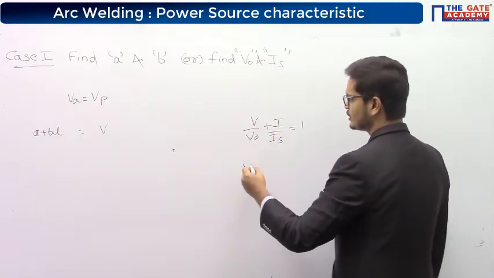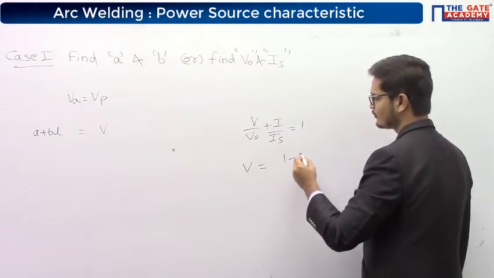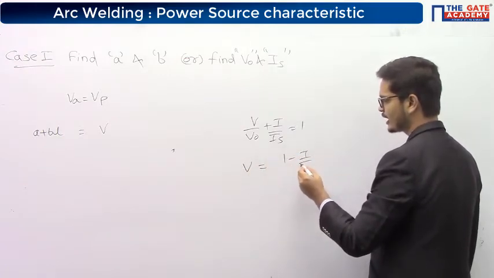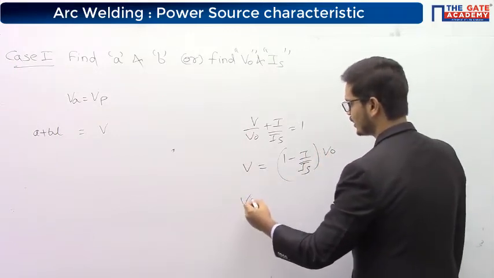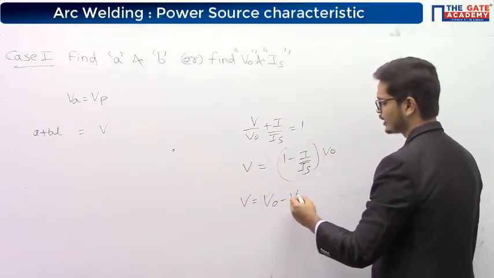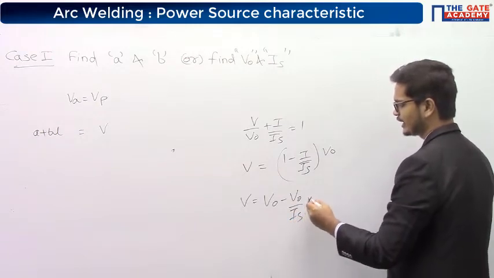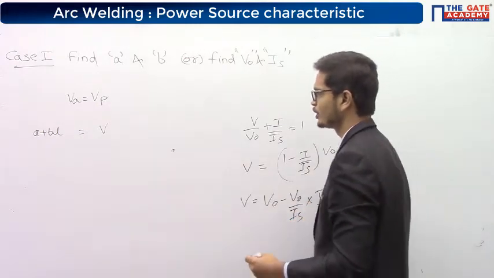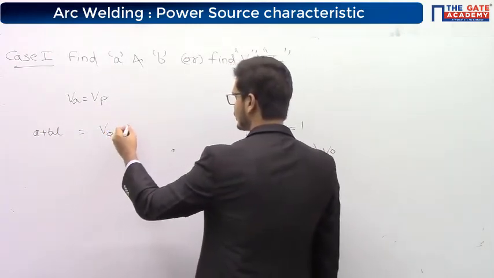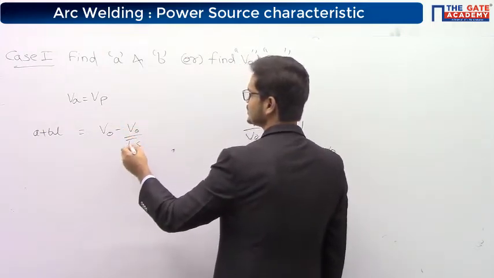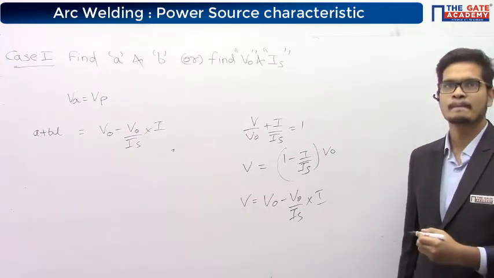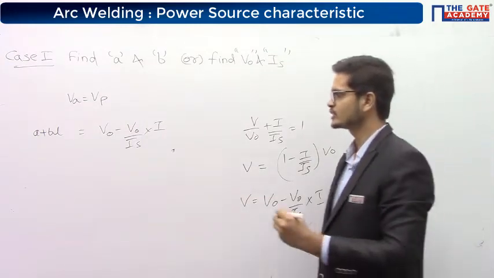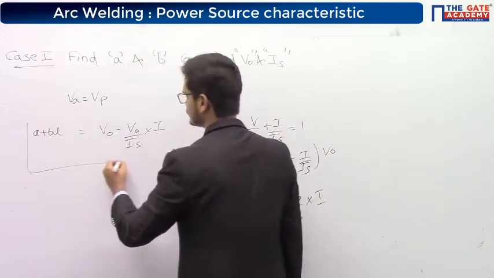So V is equal to 1 minus I by IS times V0, so V is equal to V0 minus V0 by IS into I. So simply we will put it here: A plus BL is equal to V0 minus V0 by IS into I. This is the first case that you have to do.